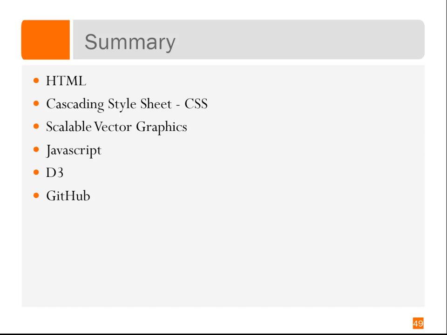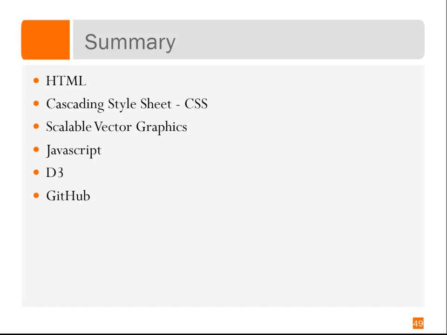Then the D3 library is going to be a set of commands. We used it today to load a data set. We used one of the commands in D3 to load a data set into the console. But we're going to be using it in the future to engage some of the shapes from SVG, and D3 will tell SVG how to draw that particular shape, and then also how to rescale it when different events change.